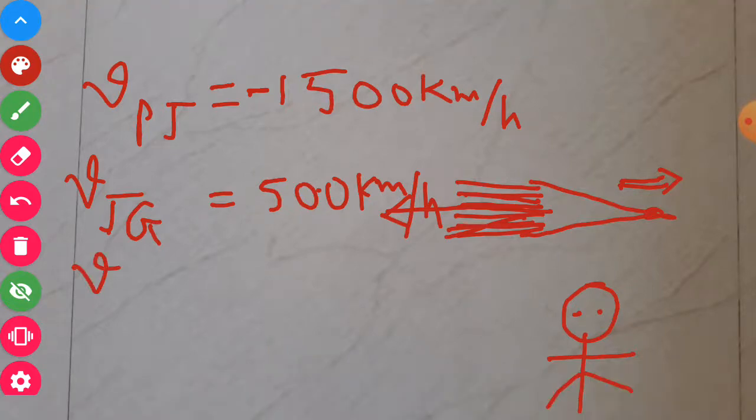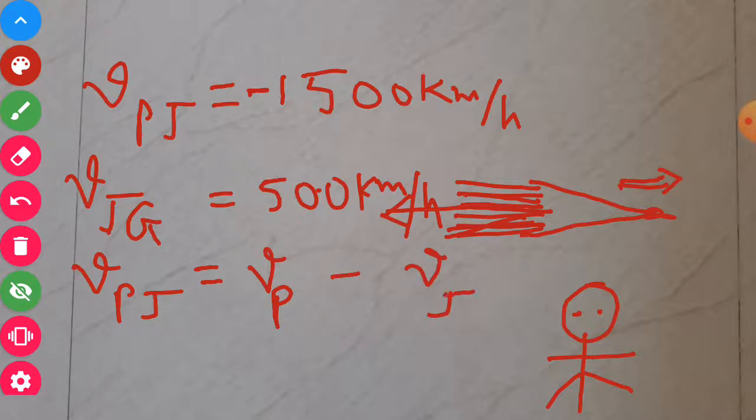The velocity of the product with respect to the jet plane is nothing but the velocity of the product minus the velocity of the jet. Now the velocity of the product with respect to ground we want to find, and this velocity of the jet is given with respect to ground.